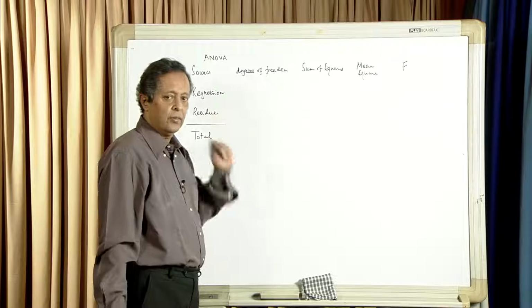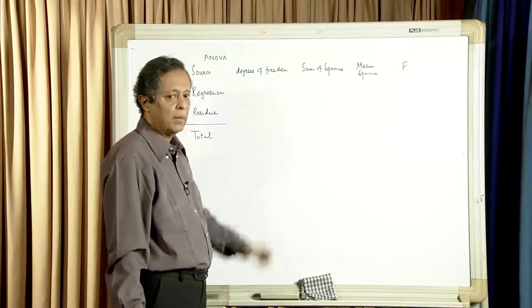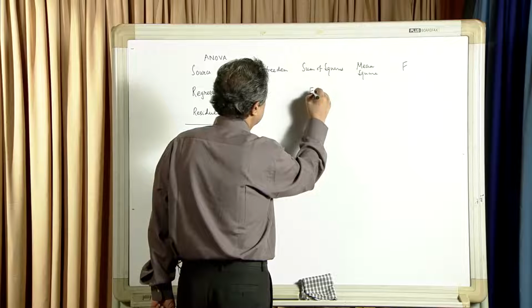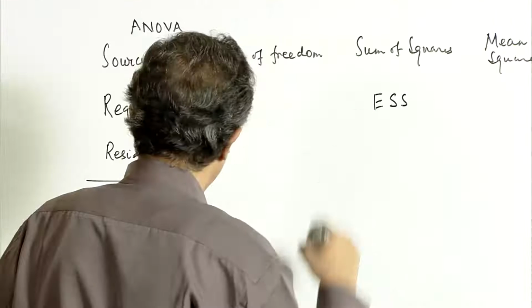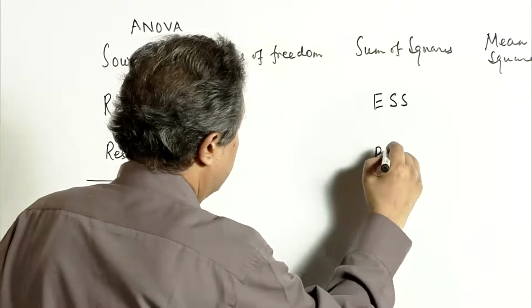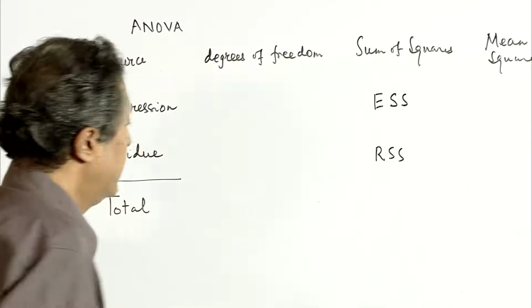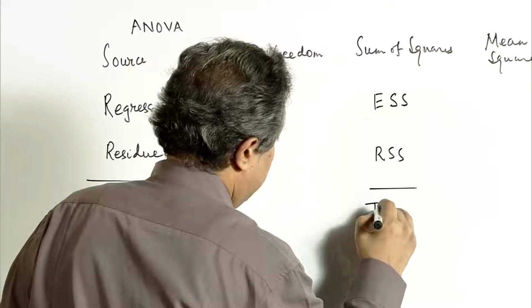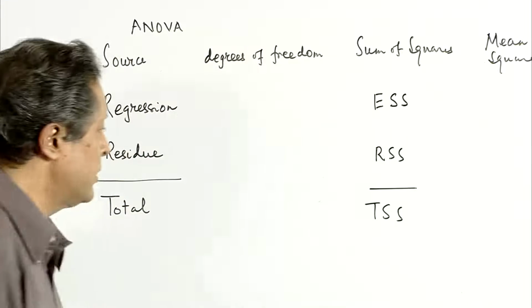Before coming to the degrees of freedom, first let us look at the sum of squares. We already know that this is known as the explained sum of squares, and the residual variation is known as the residual sum of squares. They add up to the total sum of squares.